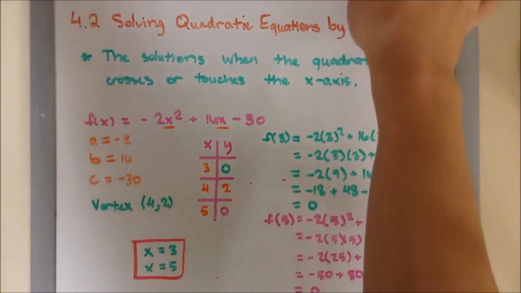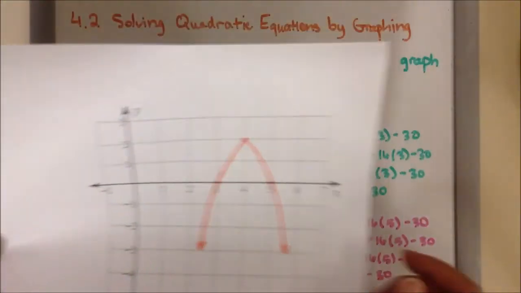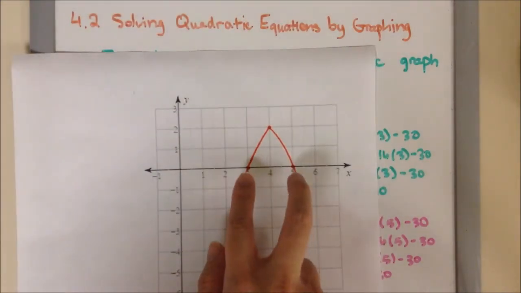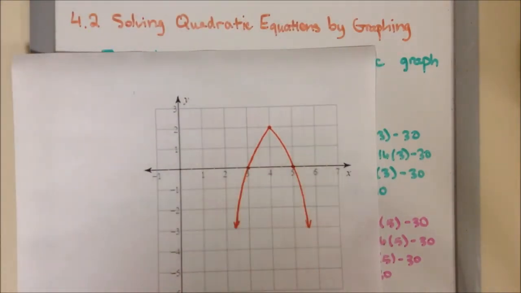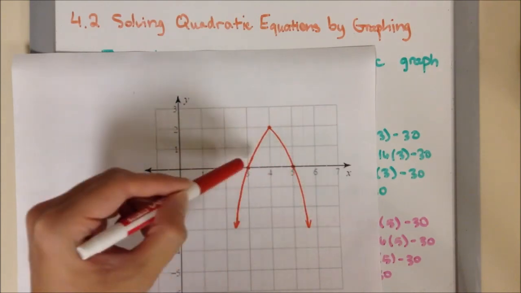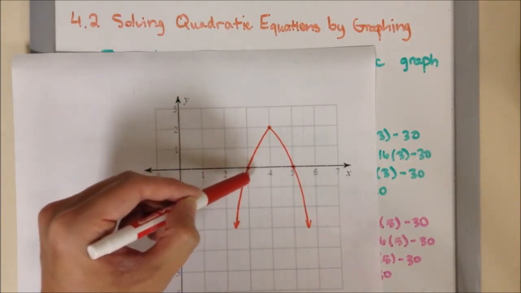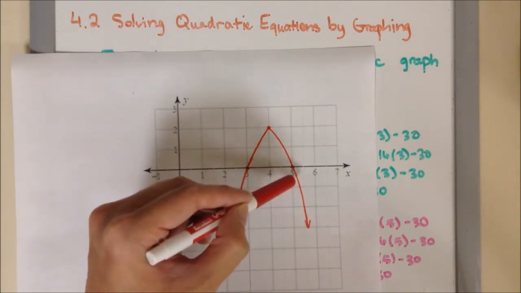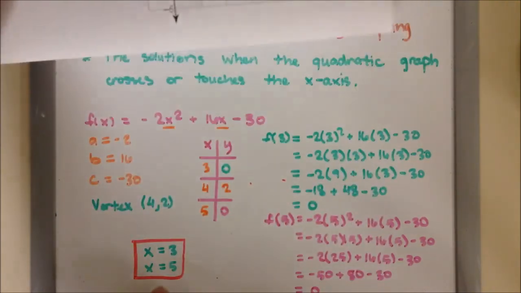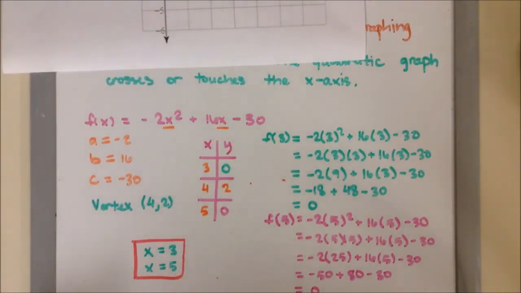Again, it's basically where you plot the points. I plot the vertex, and I plot where the graph will cross the x-axis. So when you graph, you see that my solution is when the graph crosses where x is 3 and x equals 5. And once you finish with that, then you just need to write your solution just like this, and that's all you have to do.